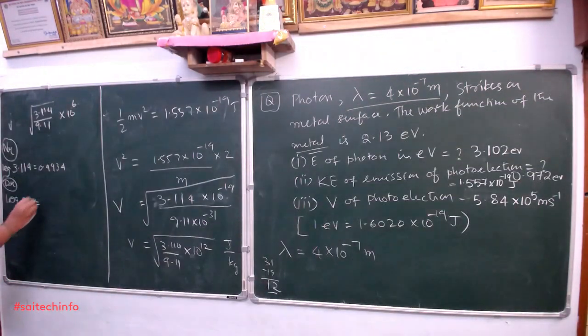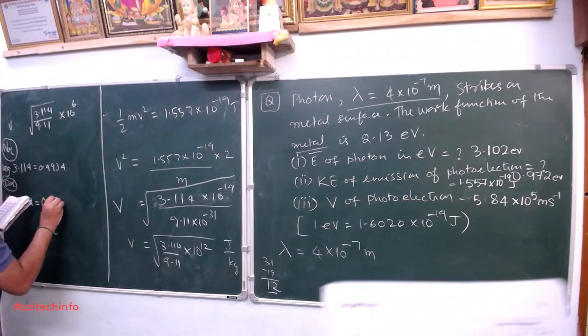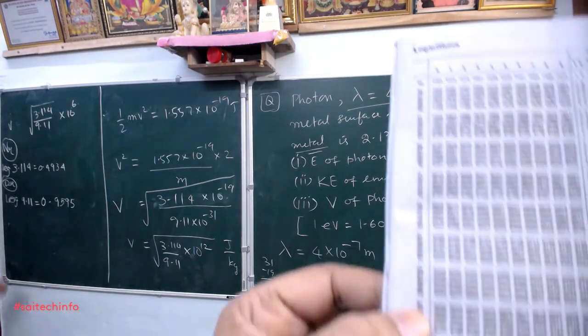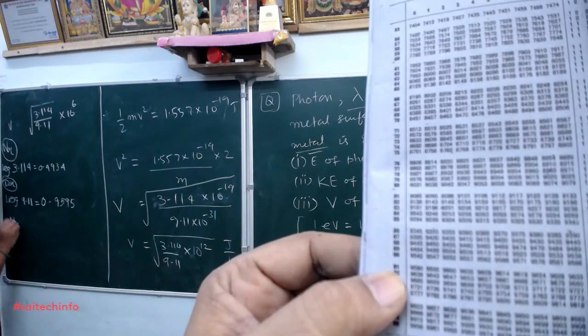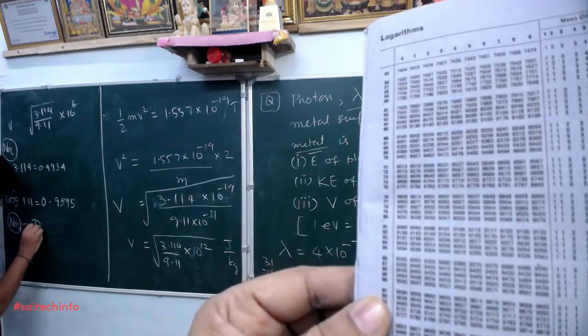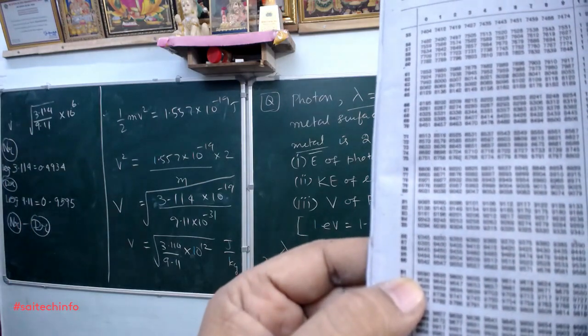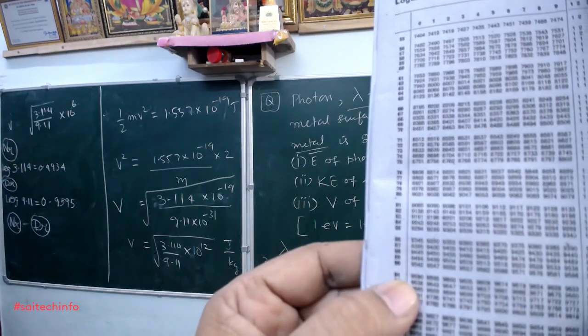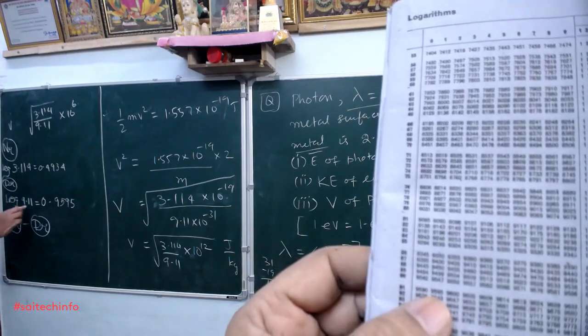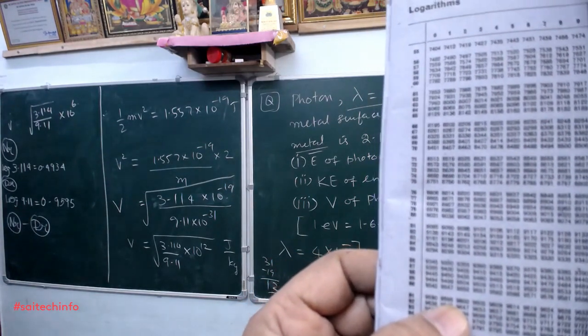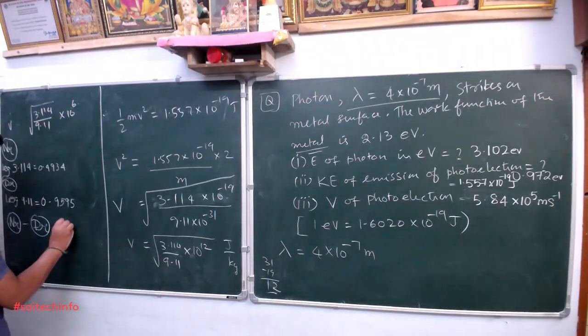And then log 9.11. So log 91 is here. 91, and then 1. So 1 means 9595.